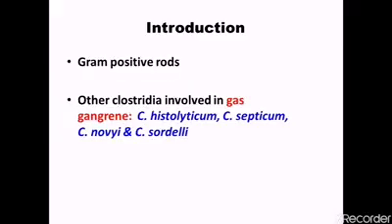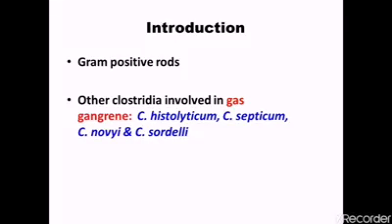Clostridium perfringens is an obligate gram-positive rod. Spores are present in soil, though these are members of normal flora of colon and vagina. Clostridium perfringens can produce gas gangrene, and there are certain other Clostridia species which can also produce gas gangrene, which you can see over here.